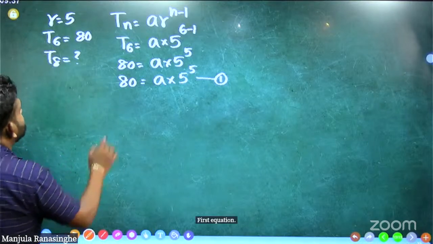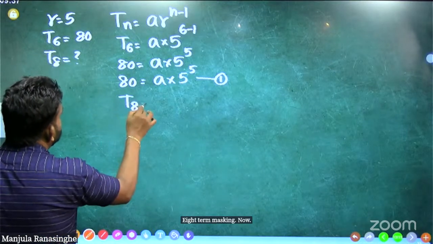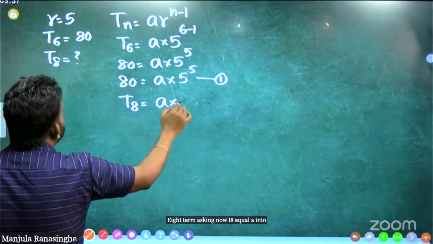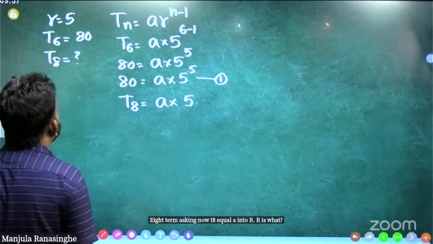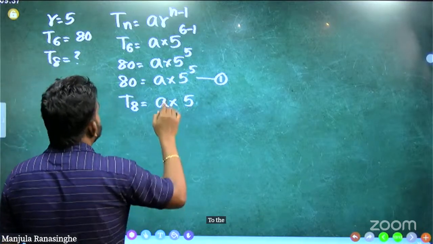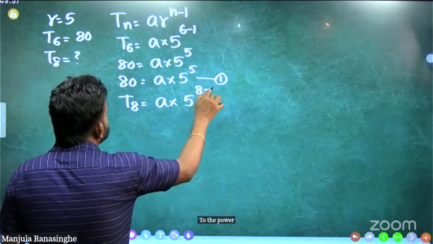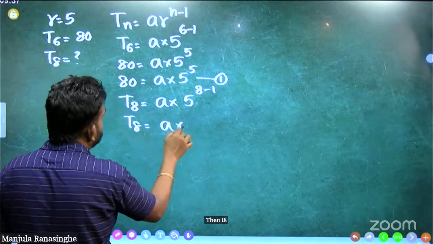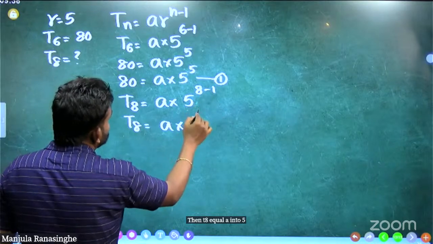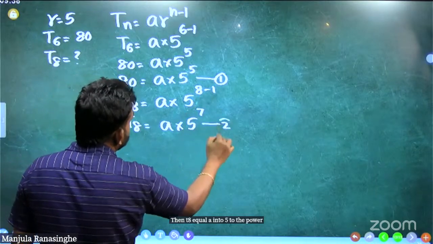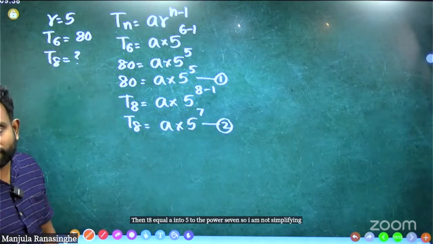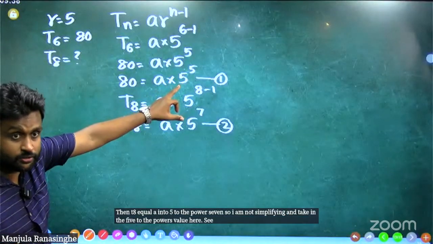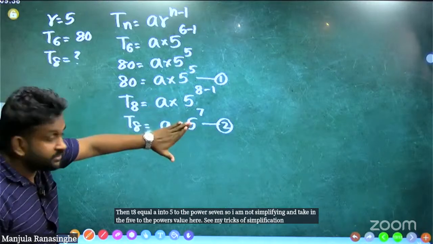Eighth term asked, now T8 equal A into R to the power 8 minus 1. Then T8 equal A into 5 to the power 7. I am not simplifying and taking the value of the 5 to the powers here. See my tricks of simplification. So I keep it as it is.